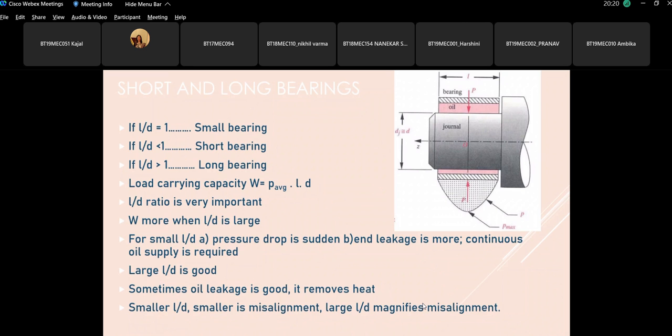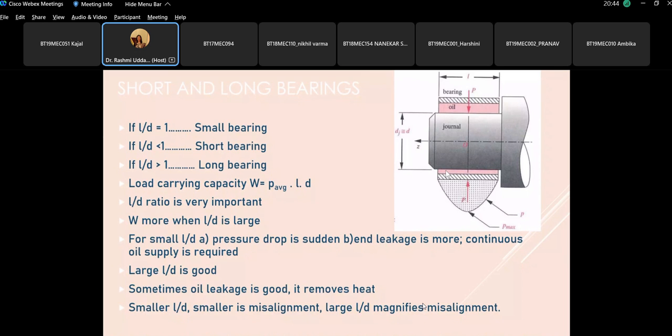So we were discussing this L by D ratio, what is a short and long bearing. This is the length of the bearing and this is the diameter of the journal, and the part shown in gray color is the shaft, and this is an extension of the shaft which goes inside the bearing. So this part is what we call the journal.